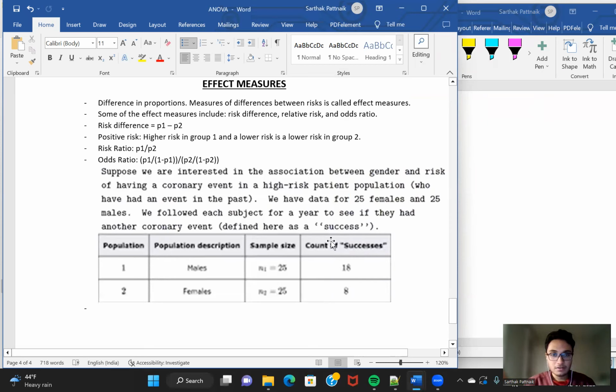So this is the table given. Your male count is 25 and your success count is 18. Your female count is 25 and your success count is 8.